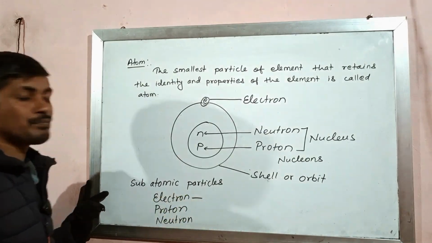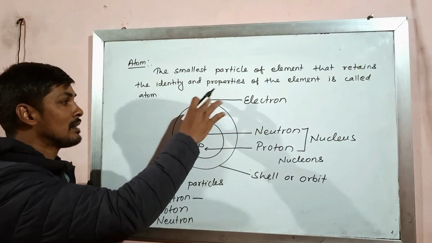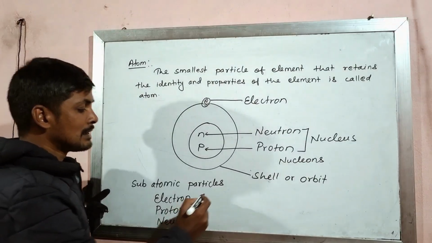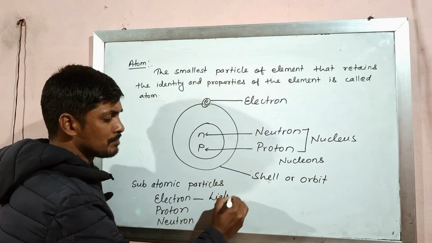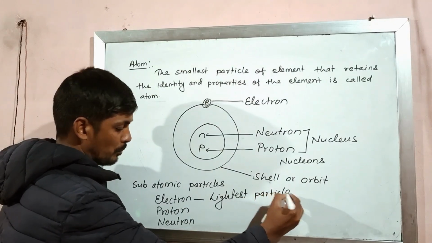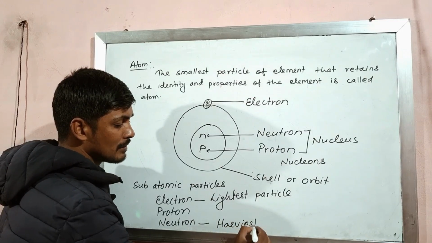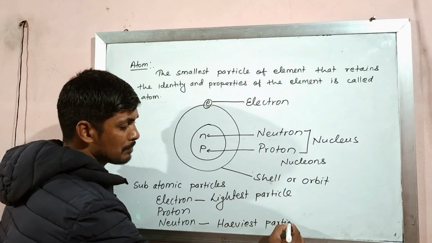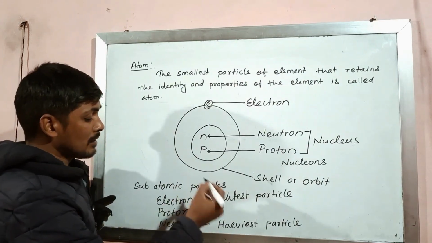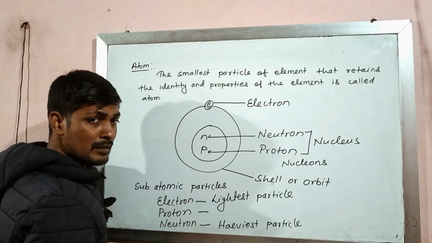This electron, as it revolves around the nucleus in elliptical or circular path, is the lightest particle, whereas neutron is the heaviest particle, but this proton is heavier than electron but lighter than neutron.